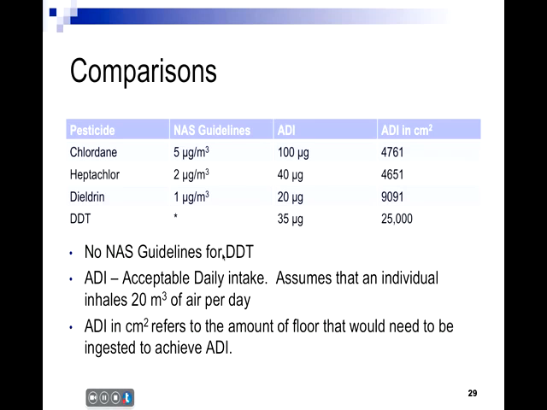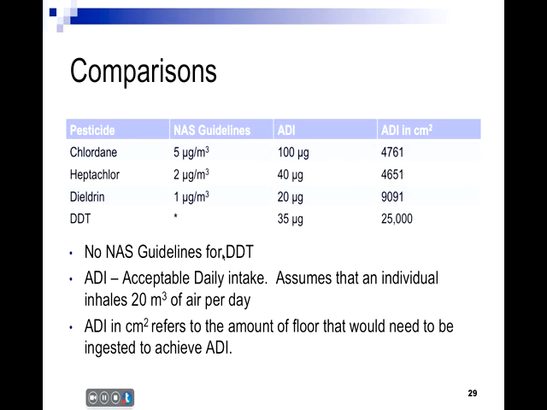If you have an air level of 5 micrograms per cubic meter, and a person breathes in 20 cubic meters of air a day, 5 times 20 would correspond to 100 micrograms of chlordane that could get inside your body, and you would still be okay with the acceptable daily intake based upon the National Academy of Sciences guidelines. I did similar calculations for each of the chemicals and came up with 100 micrograms for chlordane, 40 for heptachlor, 20 for dieldrin, and 35 for DDT.